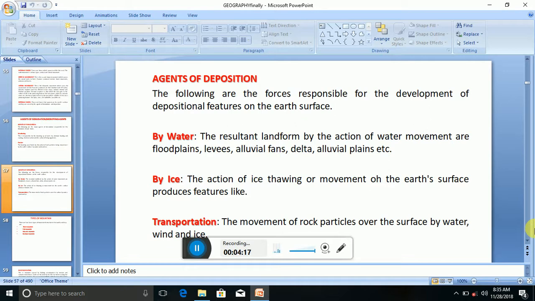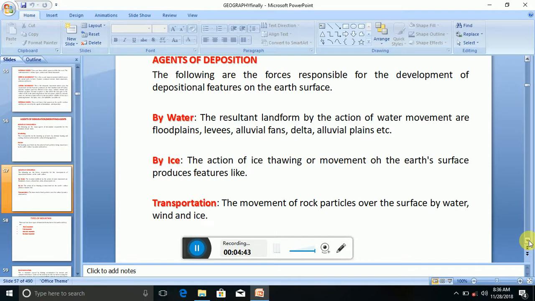The resultant landforms by the action of water movement are floodplains, levees, alluvial fans, delta, alluvial plains, etc. Number 2, by ice. The action of ice, thawing or movement on the Earth's surface produces features.